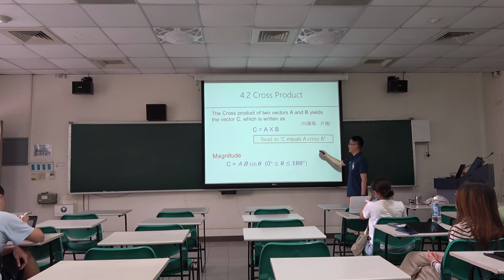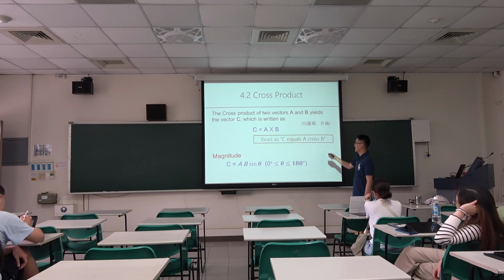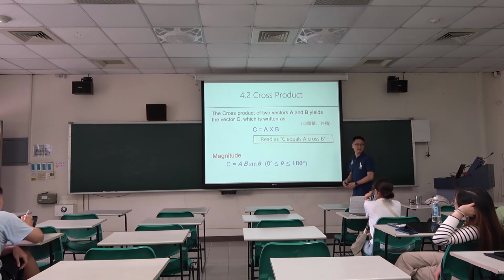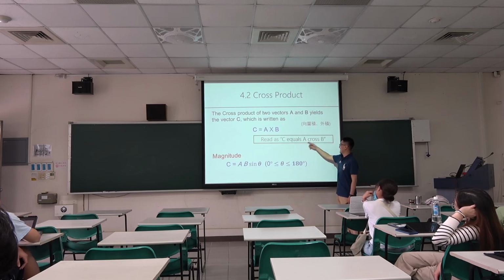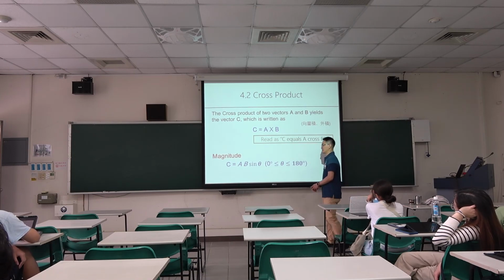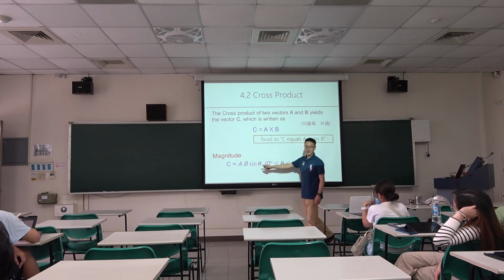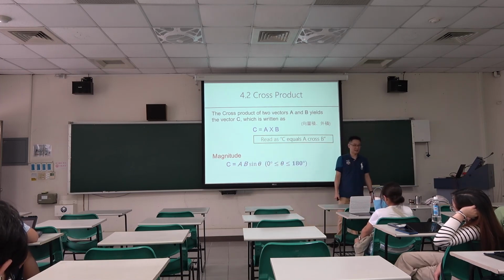So we can represent it like this. We read this part as C equals A cross B. So we use A cross B to get vector C. In terms of magnitude, C is AB sine theta.